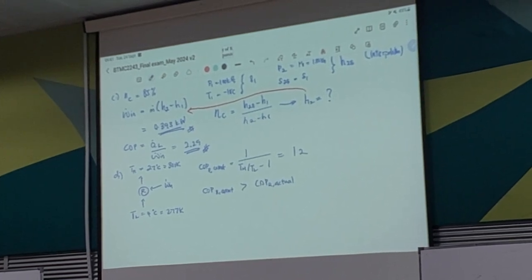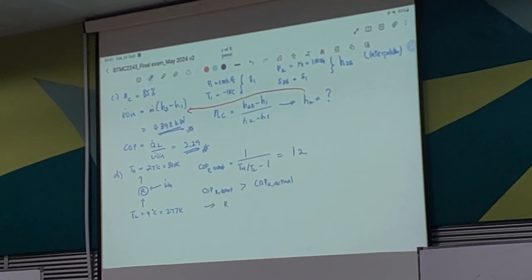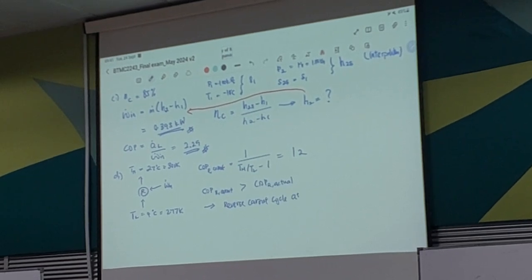Right, so what is the reason? Because reverse Carnot cycle assumes reversible processes with no irreversibility, or with no reversibility, can don't write also, because it's saying the same thing.